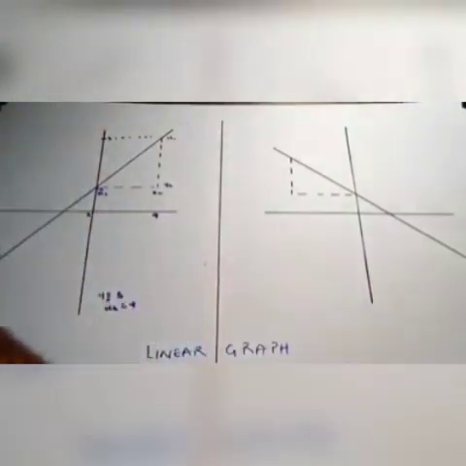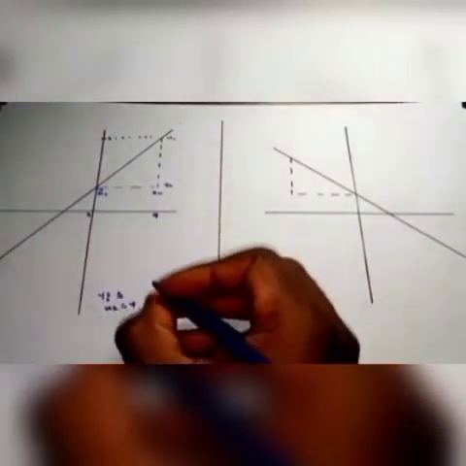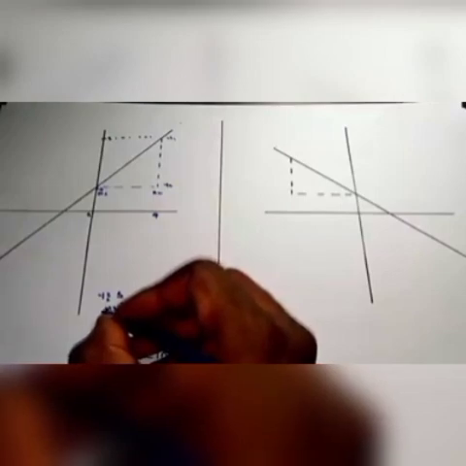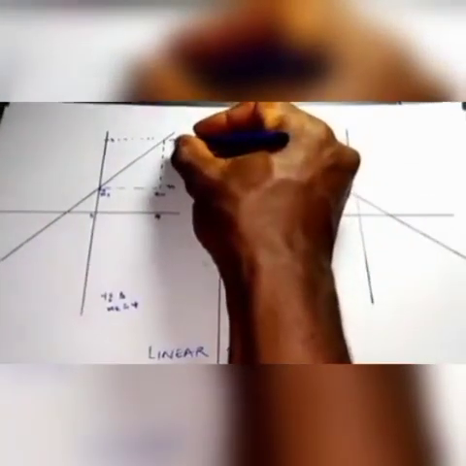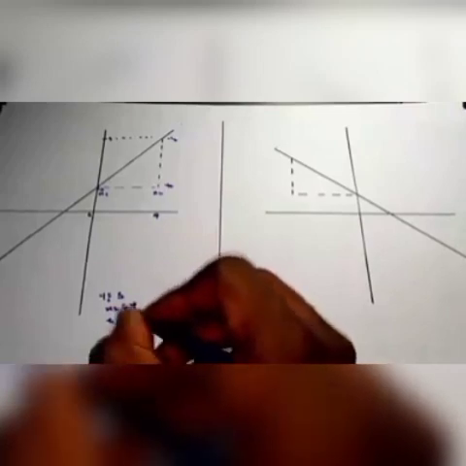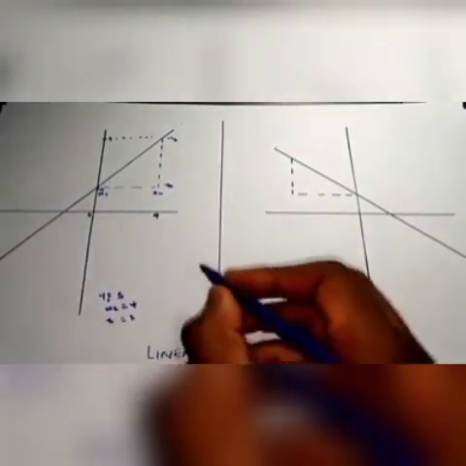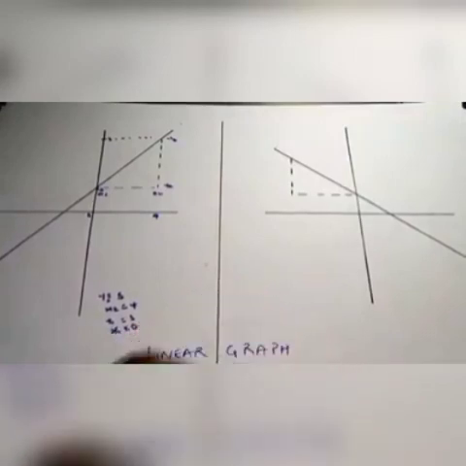Sorry, this is y2 here, y1. So your y2 is 5, your y1 we're just assuming is 3. Then your x1 equals 0.